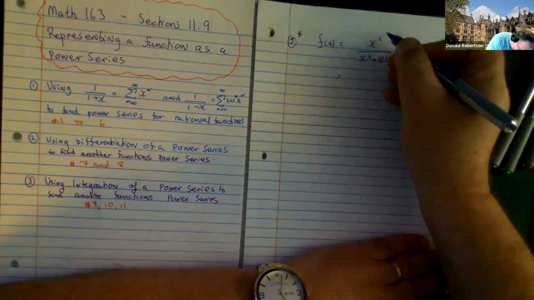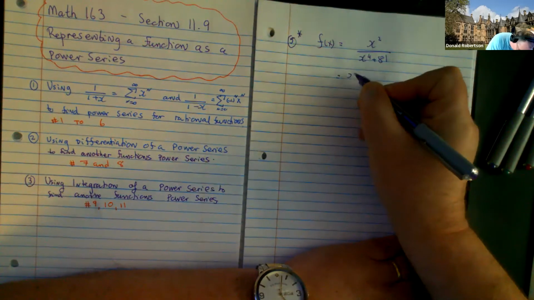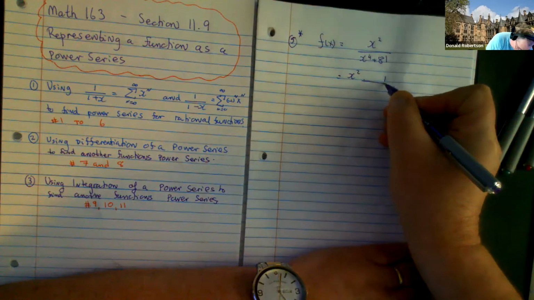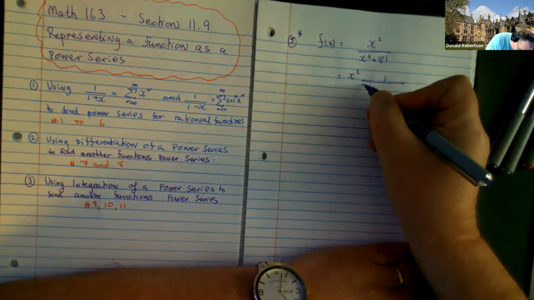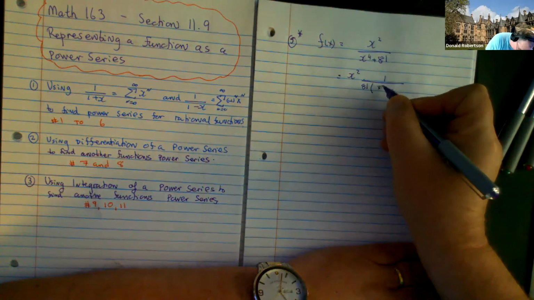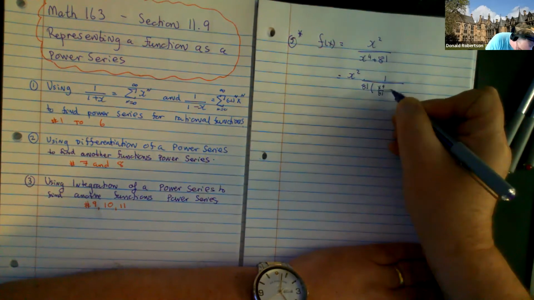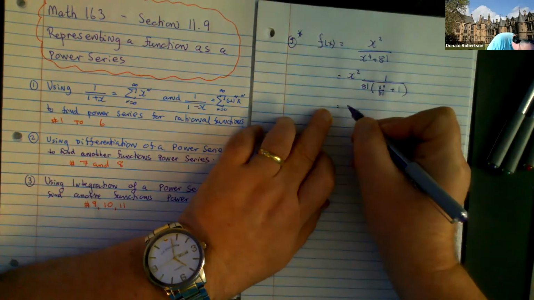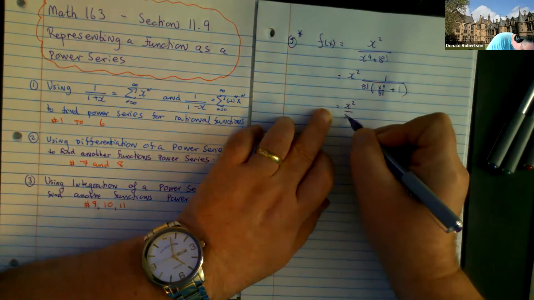I also have that x squared, so I'm going to bring out that x squared as well. I'm going to do a 1, and I'm going to bring out 81, and that's going to get me x squared over 81 times x to the 4 over 81 plus 1. The only reason I'm writing this line down is that it looks prettier to me.